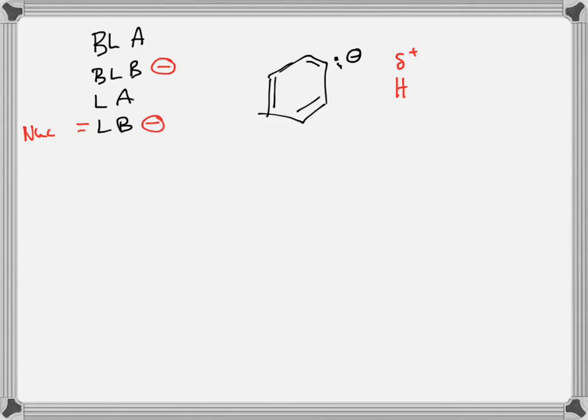Protic. If we attach an electronegative element, say like oxygen, we now have what is known as a protic species, because that oxygen takes the electrons away from the hydrogen, giving us that partial positive. If we go back to our solvent definitions, if we have a protic solvent, we've generated H+, which means H+ interacts with the negative.